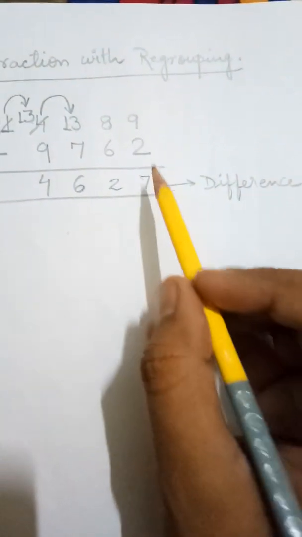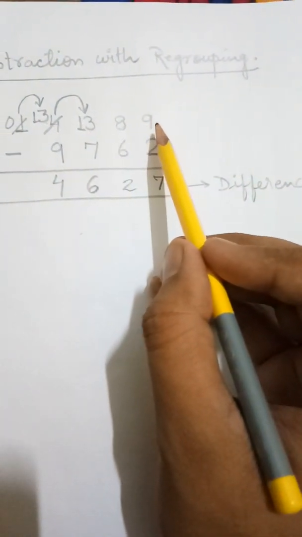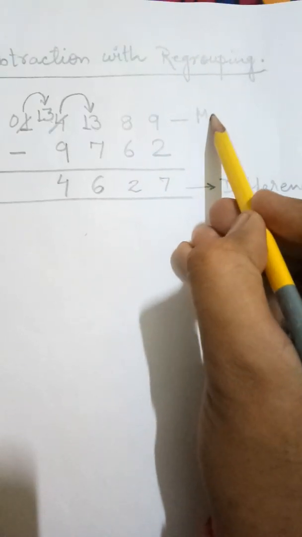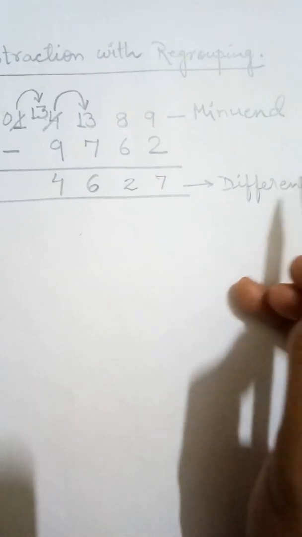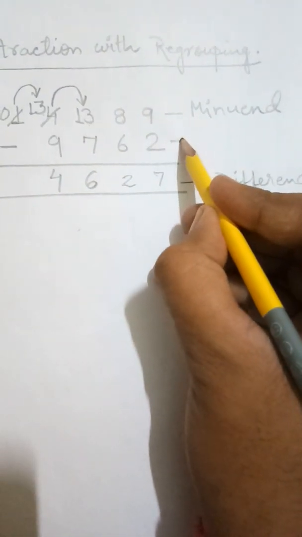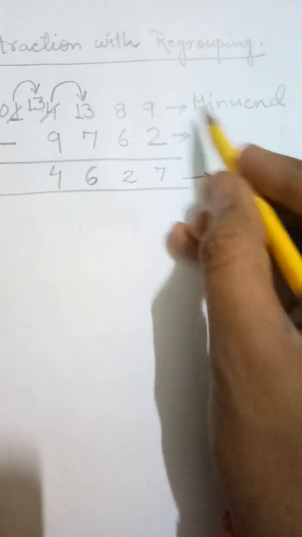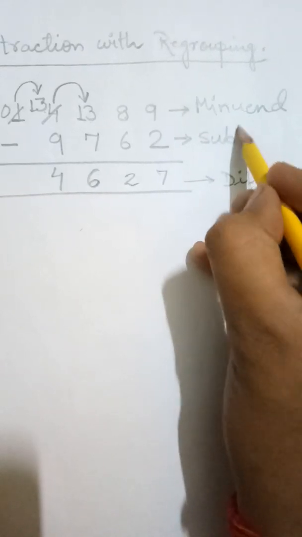and the number from which we subtract is called minuend. The number which is being subtracted is called subtrahend.